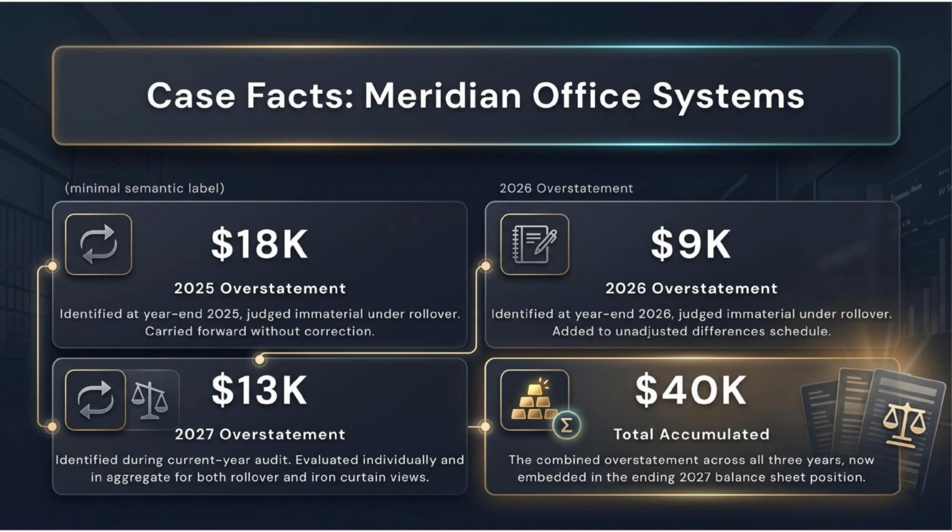No prior correction was made. The accumulated overstatement is $40,000. This case is useful because each annual amount may look manageable, but together the amounts create a larger balance sheet issue. We will test the same facts using rollover and iron curtain.